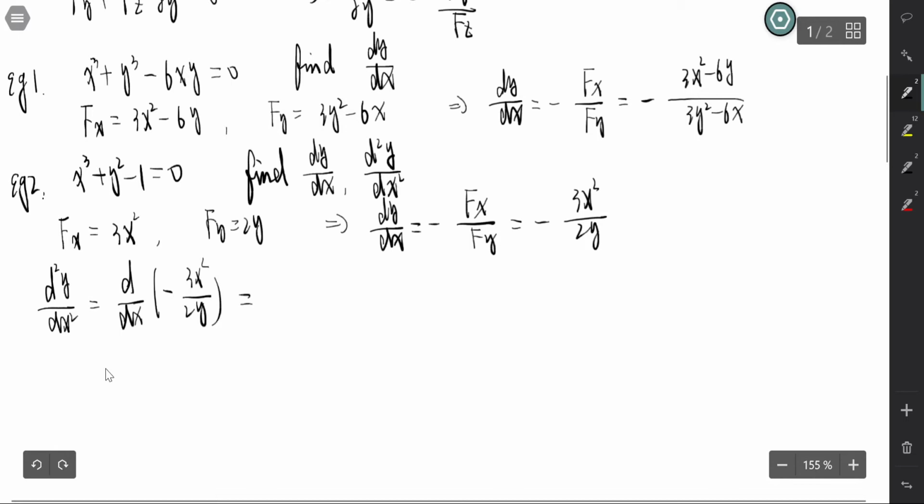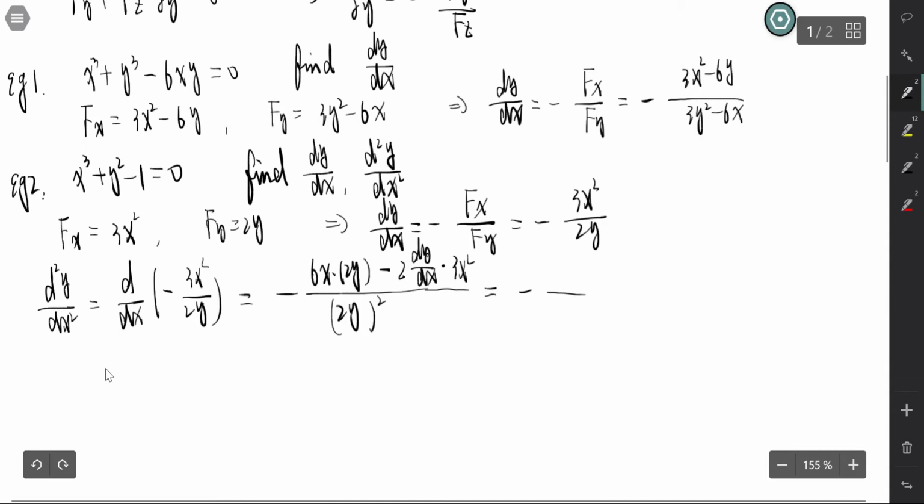We use the quotient rule: negative, over (2y) squared, times the derivative of the numerator, 6x times 2y, minus the derivative of the denominator, 2 dy over dx, times 3x squared.